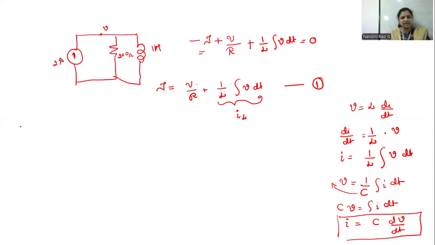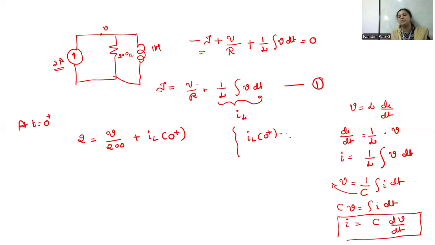So first I will write at t equal to 0 plus. What is the current? This current is the same, 2. So 2 equals V divided by 200 plus the inductor current IL of 0 plus. But IL of 0 plus is nothing but IL of 0 minus.